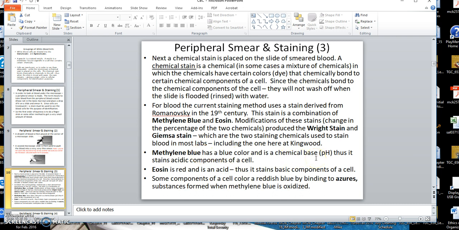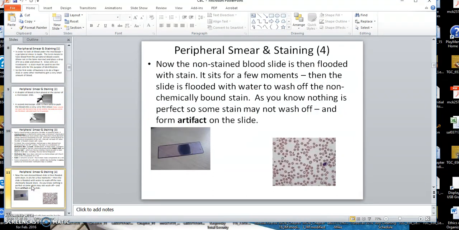So when you flood the slide with the Wright stain or Giemsa stain, chemical bonding will occur. Any portion of the liquid chemical stain that does not bond can wash off when you wash the slide with water. So most of the stain that's not chemically bonded will wash off, but some may stick.